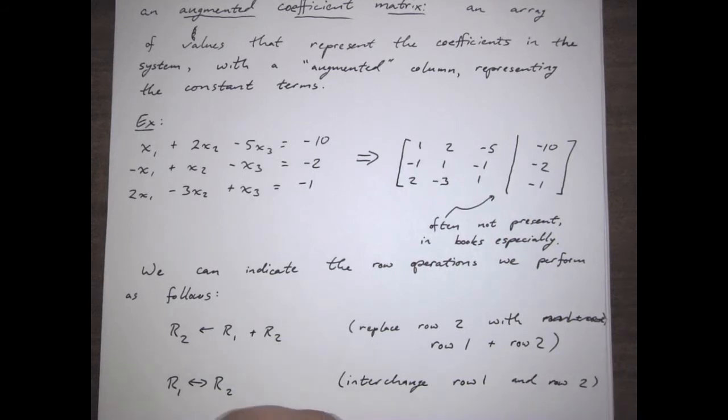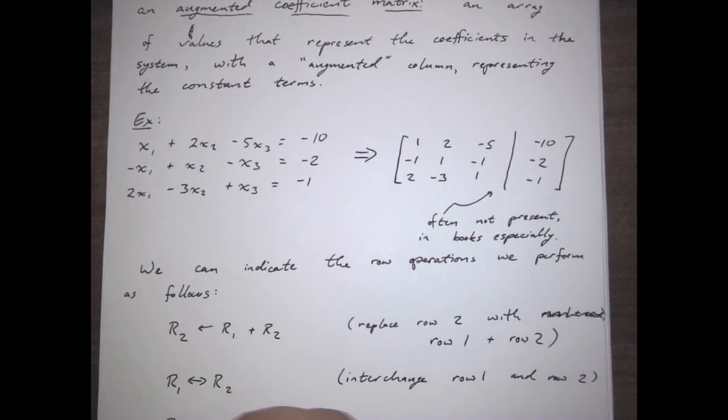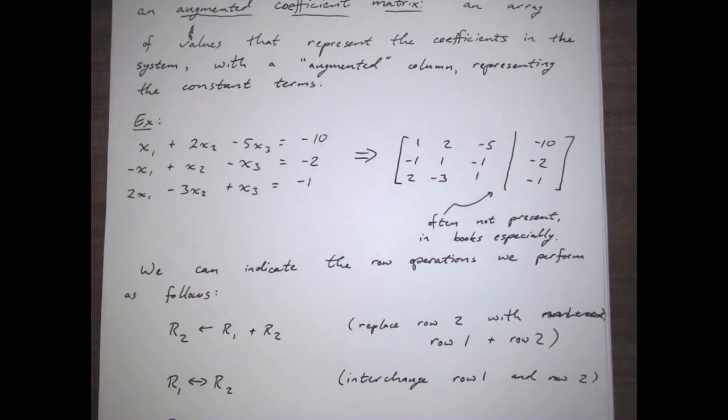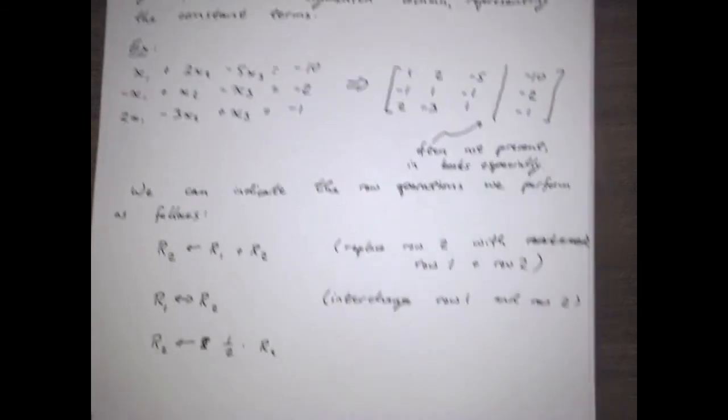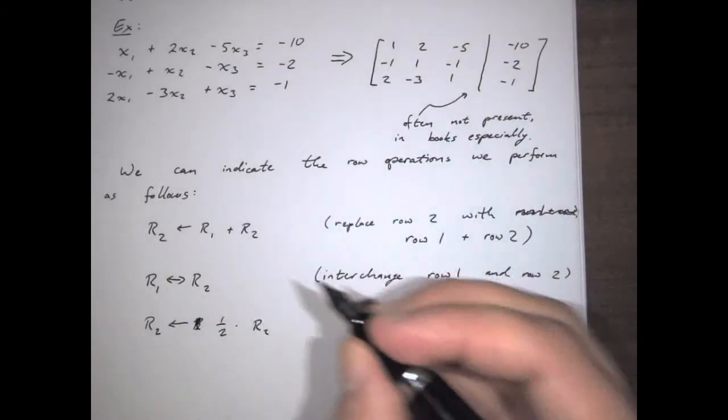And then if we want to do some scaling, we could say row 2 is replaced by, say, 1/2 times row 2, just as an example. This is how we would write a scaling factor.